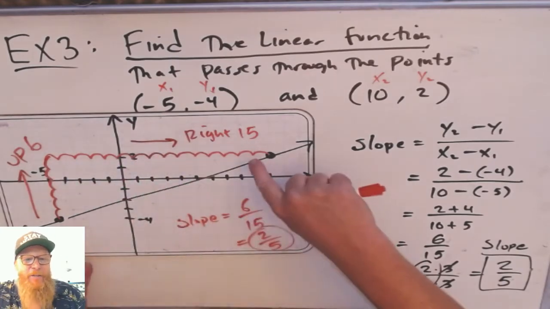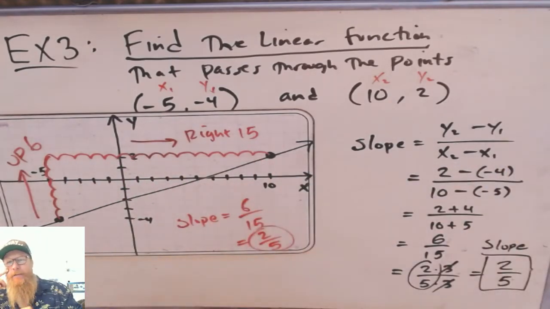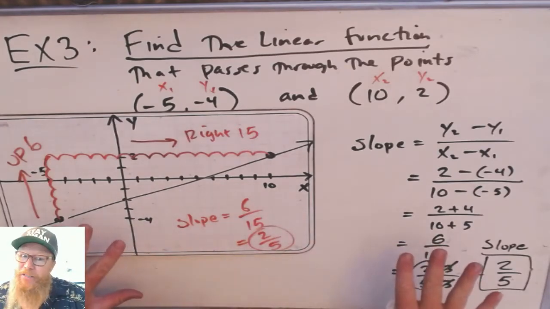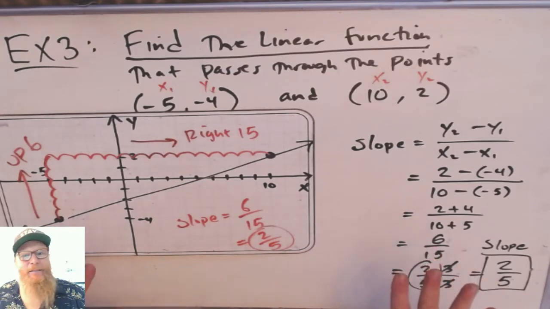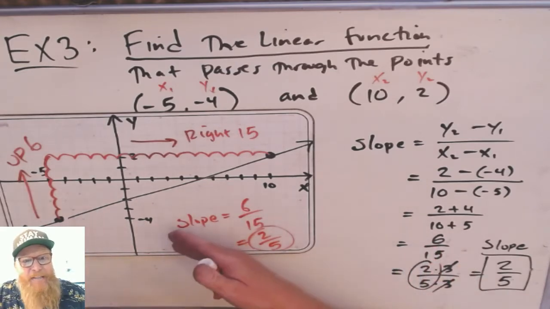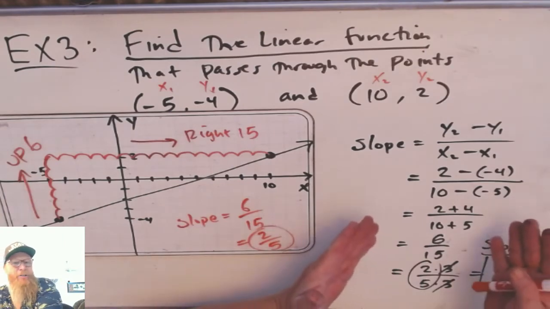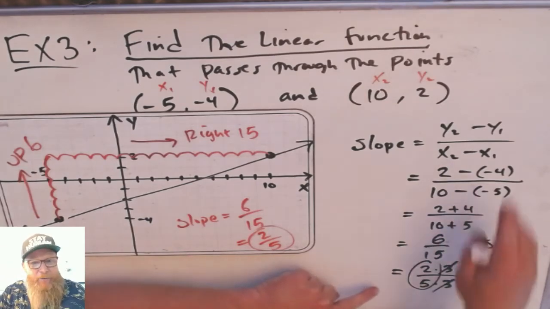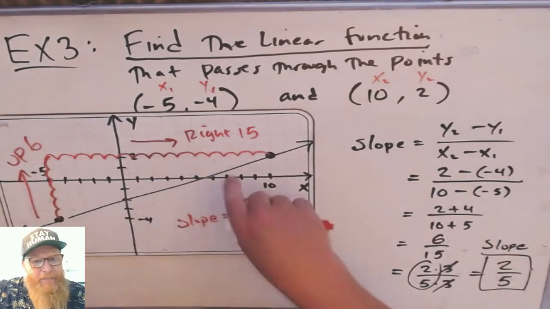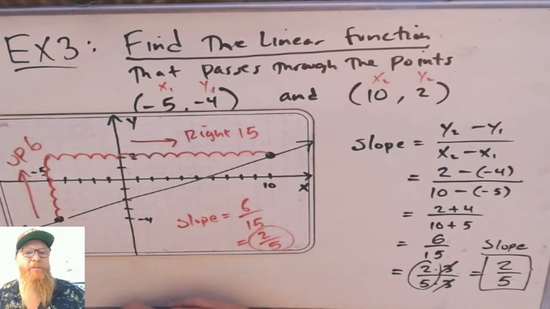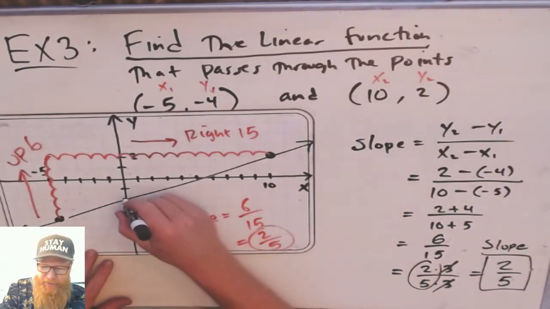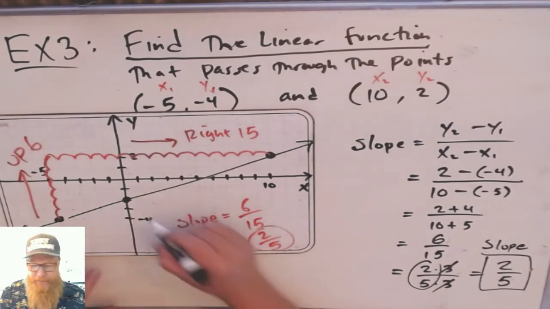I want you to know how to count the slope. I also want you to know how to calculate the slope. And if you really want to be safe, do both. I've been doing this for 30 some odd years. If I make a mistake counting, then my equation will catch the mistake. And you know me, I make a lot of mistakes. If I make a mistake calculating with the formula, then the picture or the counting method will sometimes ensure my result is appropriate. Okay. So that's the slope. The next thing we need to do is find the y-intercept.